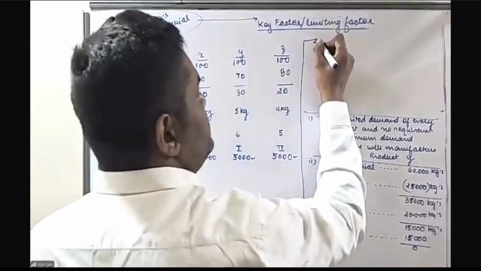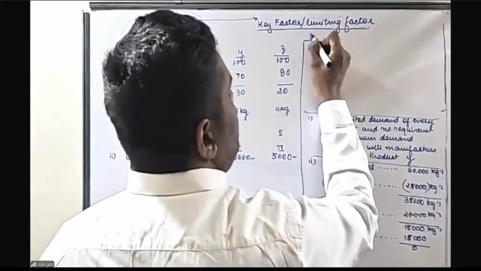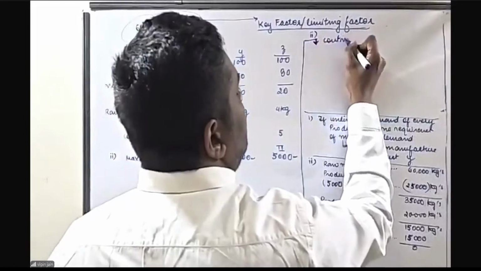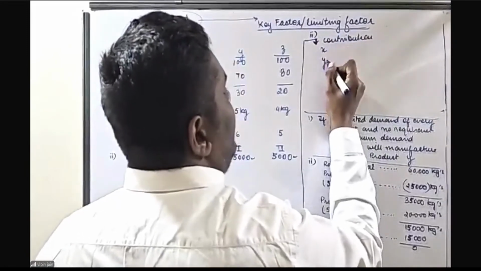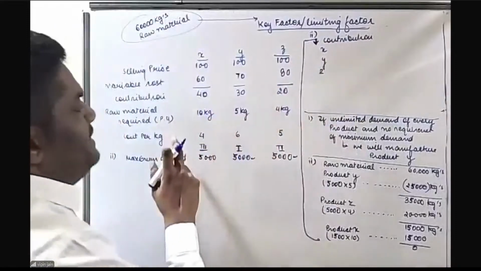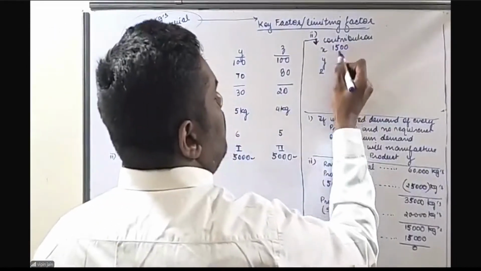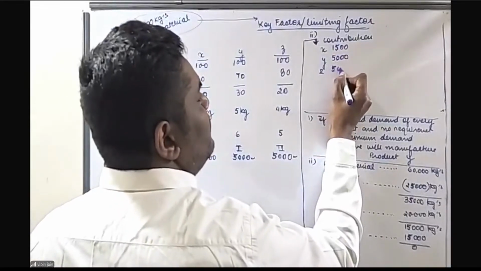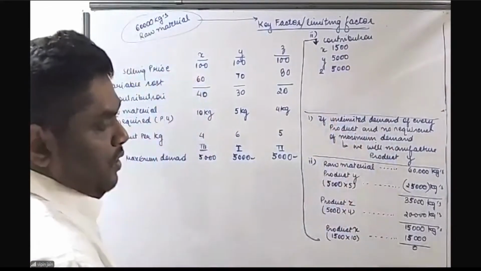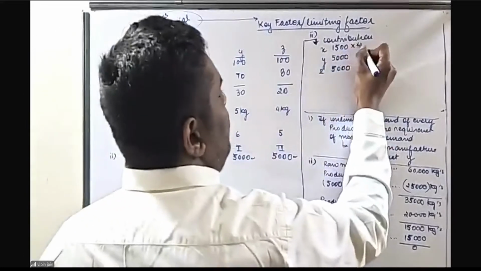So I'm continuing the solution here only. When talking about the calculation of contribution, for X, Y, and Z, X we have manufactured only 1,500 units. For Y, we are able to manufacture 5,000 units, and for Z also 5,000 units. So 1,500 units we have manufactured, and the contribution per unit is 40.